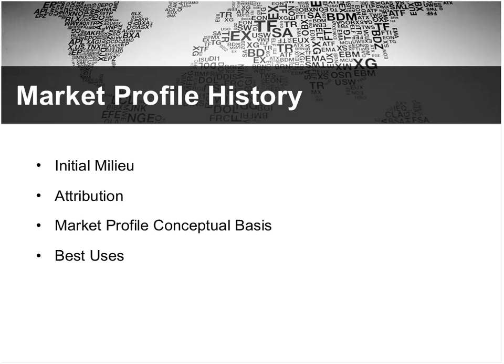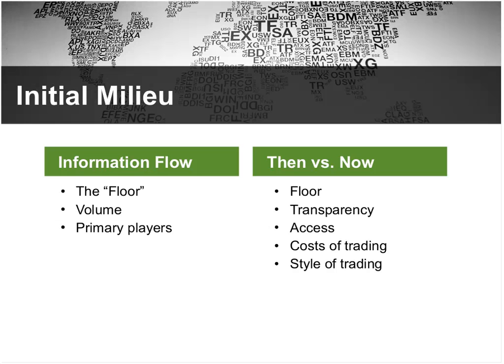We're going to cover the initial milieu of market profile, and I think this is very, very important. It's important because when market profile was first posited by Peter Steidlmayer, I'm sure most of you are familiar with the story. Steidlmayer was on the floor, and he grew up on a farm, and there was an auction process on the farm, and from his statistics class at Berkeley, he sort of envisioned this bell curve of activity that was occurring on the floor.